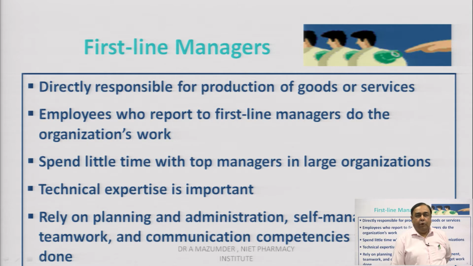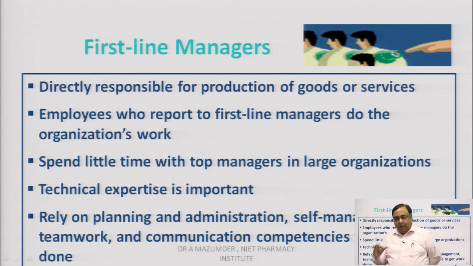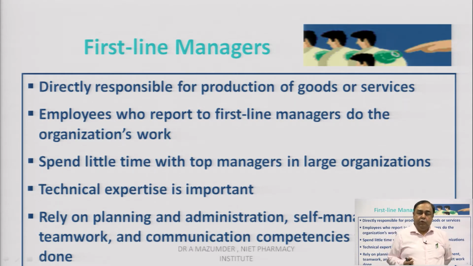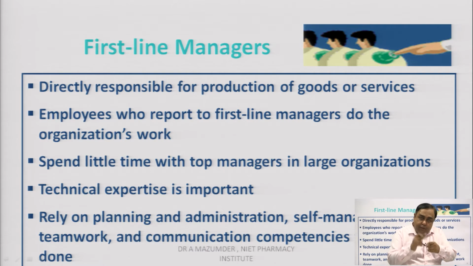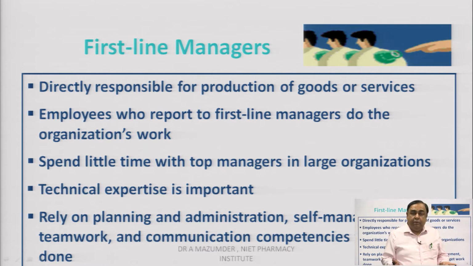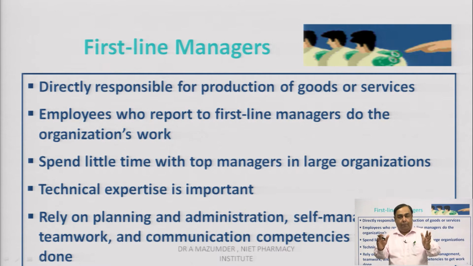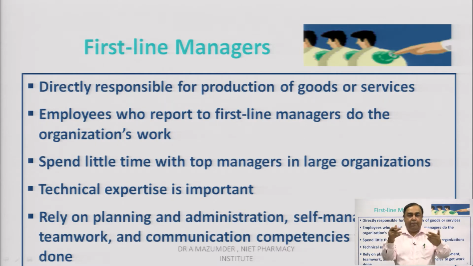The employees who report to the first line managers do the organization work, that is the daily laborers, the workers who prepare the tablets. It is you as a supervisor who is supervising a group of employees who themselves are preparing a particular preparation of tablets.